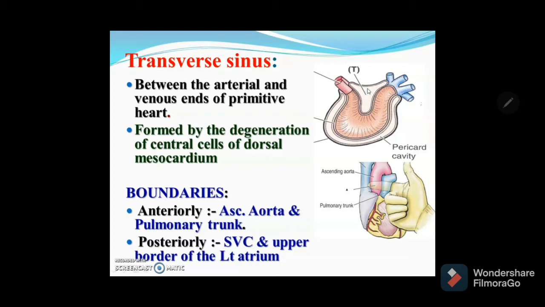It is formed by the degeneration of the central cells of the dorsal mesocardium. Anteriorly you can see ascending aorta and pulmonary trunk. Posteriorly related to the superior vena cava and upper border of the left atrium, receiving the pulmonary veins. That's why we say transverse sinus is between the arterial end and venous end during the development.